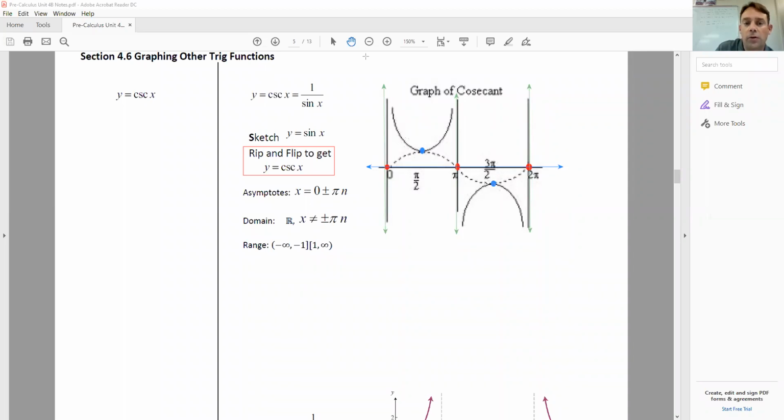Since it's the reciprocal, everything gets flipped from the sine. So right here where I have my relative max for sine, this is no longer a relative max, it's technically a relative min. Even though down here this was a relative min for sine, this became the relative max.